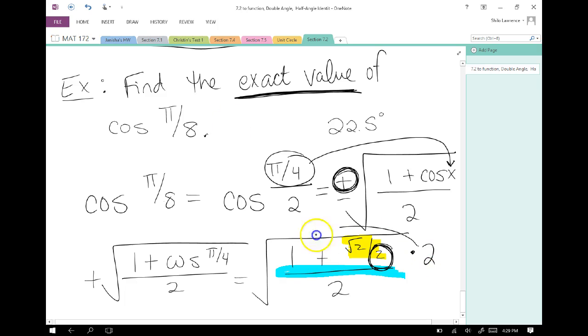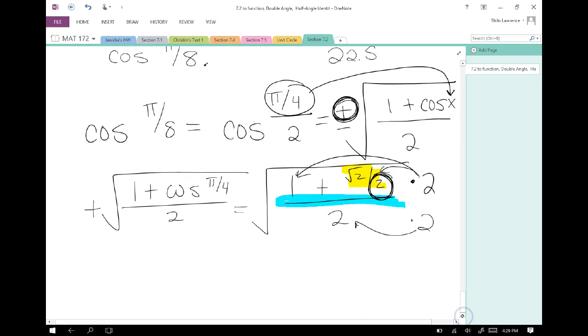And since there's 2 terms, I'm going to have to distribute it. And I'm going to multiply in the bottom by 2. The reason I'm doing that is because when I multiply here by 2 and this divide by 2, they're going to cancel. And it's going to fix it. So I'm going to have the square root of 2 plus, here they cancel, radical 2 all over 4.